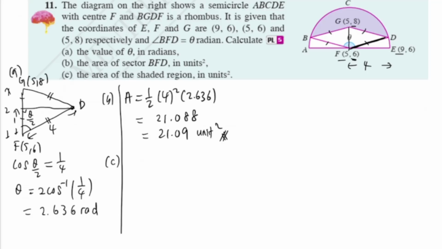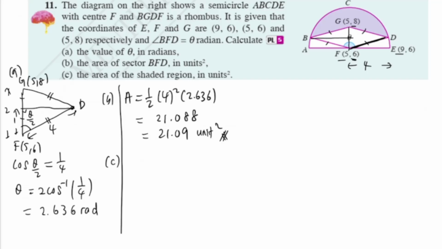Part C, area of shaded region. To find the area of the shaded region, we just need to take the area of the sector minus the area of the rhombus. For the rhombus, we can split it into 4 smaller triangles to find the area.